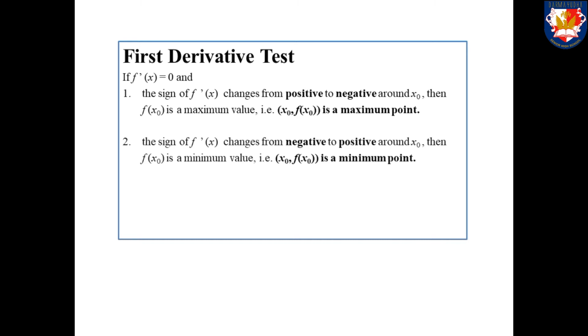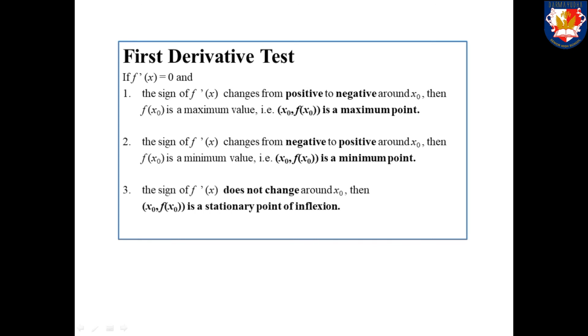If the first derivative equals 0, and the sign of f'(x) changes from negative to positive around x0, then f(x0) is a minimum value. In other words, (x0, f(x0)) is a minimum point. If the first derivative f'(x) equals 0, and the sign of f'(x) does not change around x0, then (x0, f(x0)) is a stationary point of inflection.